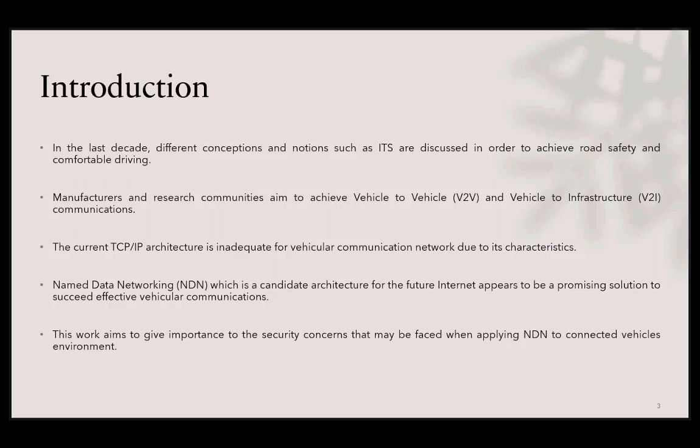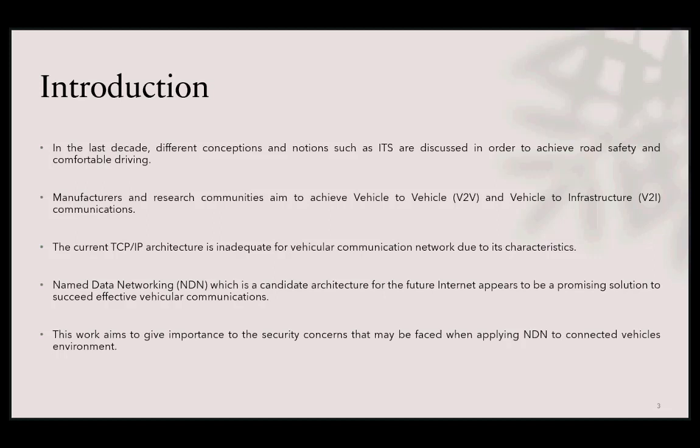Nevertheless, vehicular ad hoc networks bring many characteristics such as high connectivity and dynamic topology, which makes the current TCP/IP inadequate for V2V communications and faces various technical difficulties.